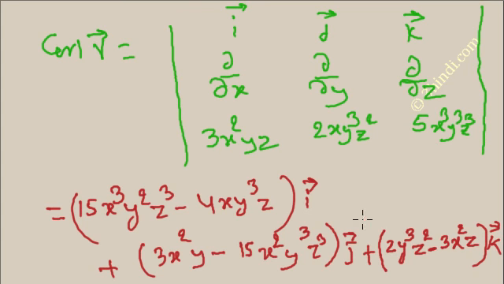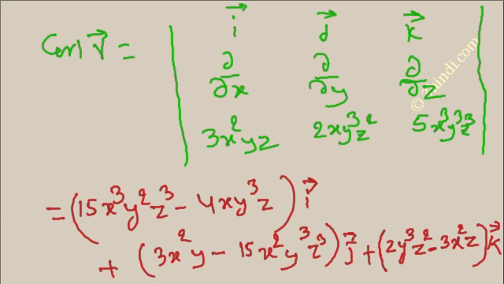So here is the answer. For i, differentiate the third function with respect to y, you get 15x cube y squared z cube, minus the derivative of the second function with respect to z. For j, differentiate the first function with respect to z and the third function with respect to x. For k, differentiate the second function with respect to x minus the first function with respect to y. So this is the vector quantity curl v.